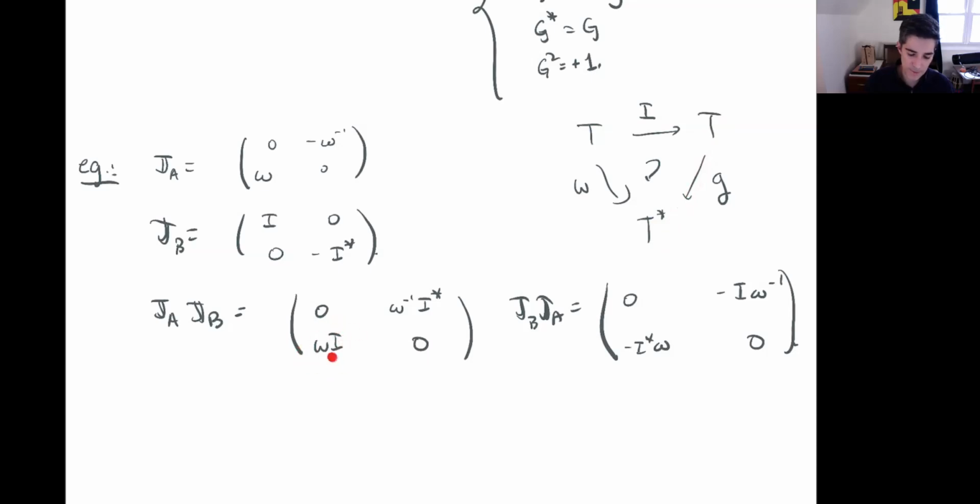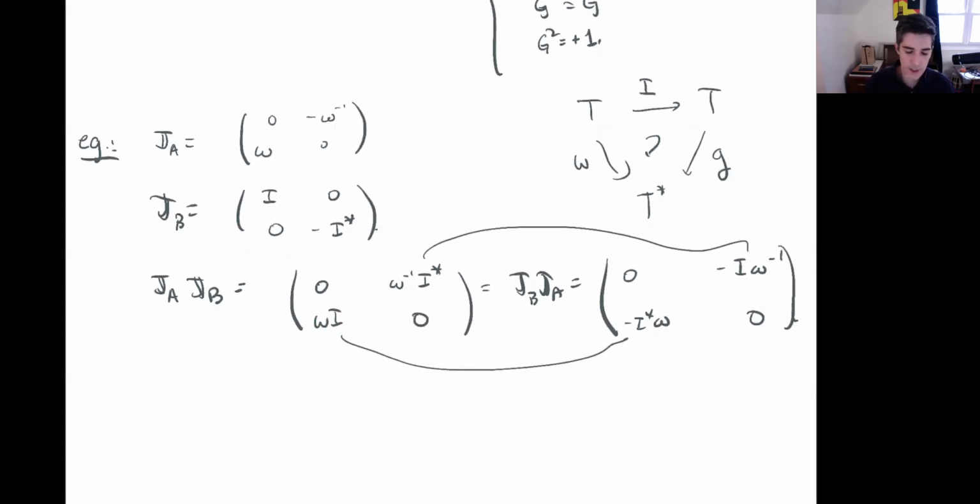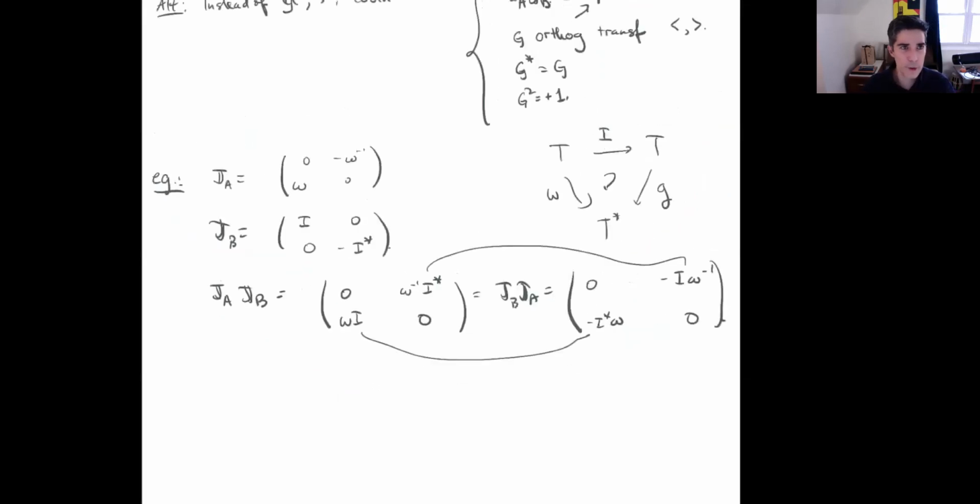So if I dualize this, I would get I star minus omega, right? And so this is indeed the dual of this. So you can see from the compatibility condition that this is equal to this and this is equal to this. And so a usual Kähler structure can be interpreted as a pair of GC structures which commute.